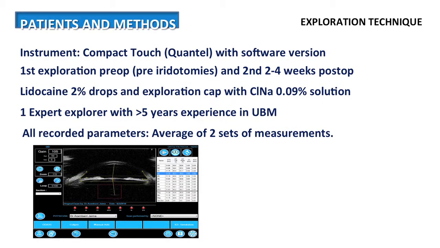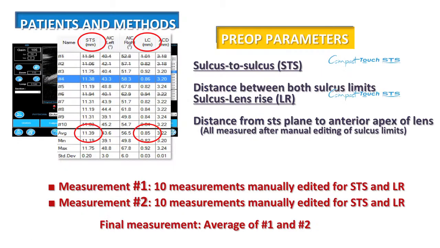It was the consecutive collection of patients undergoing ICL surgery. We took these parameter measurements, the sulcus to sulcus and the lens rise, which is a very interesting parameter. This is the distance from the sulcus to sulcus plane to the anterior apex of the lens, and we've seen that this is a very relevant parameter for ICL sizing.